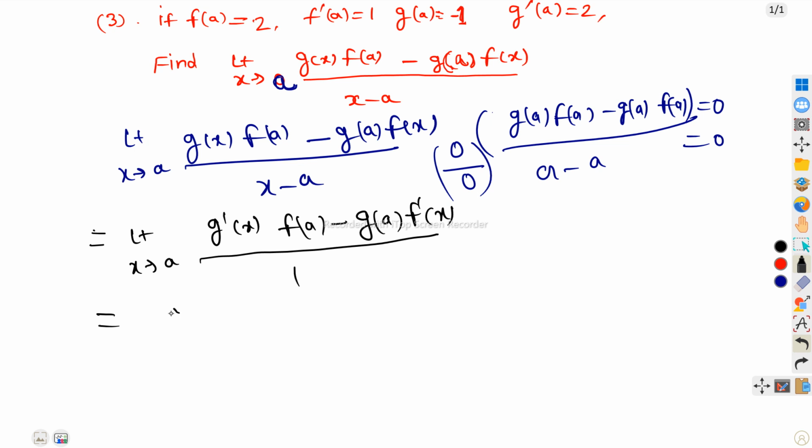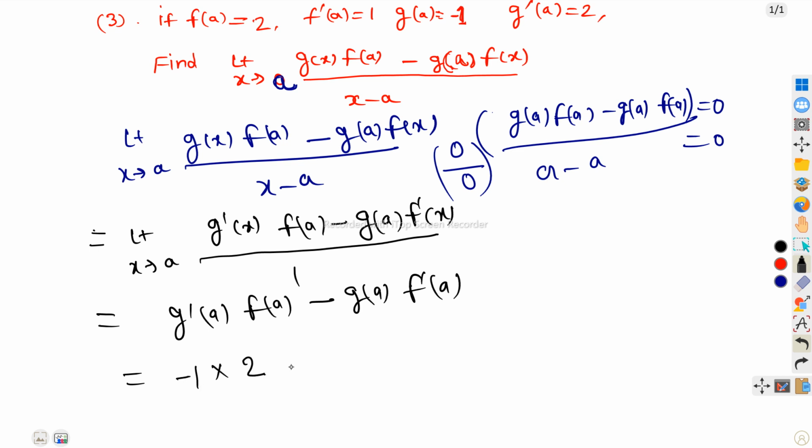Again we put the value of g'(a) f(a) minus g(a) f'(a). Here g'(a) equals 2 and f(a) equals 2, g(a) equals minus 1 and f'(a) equals 1.